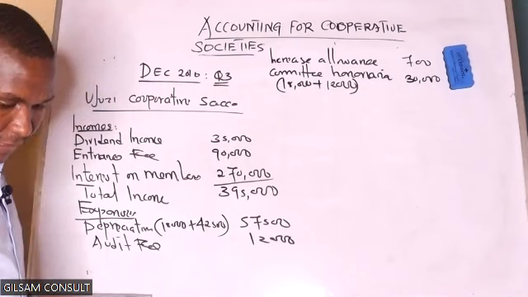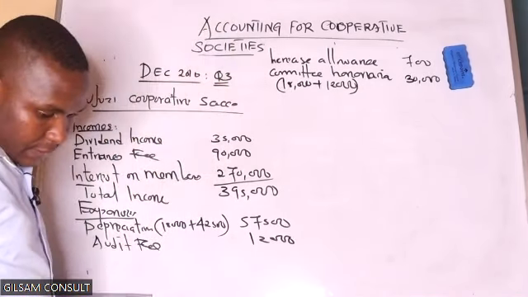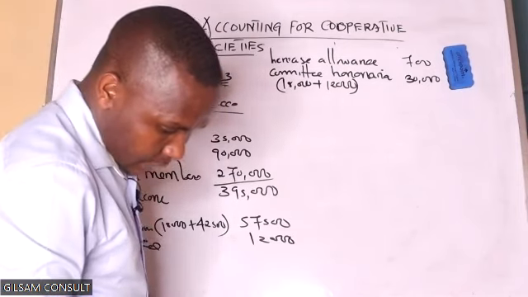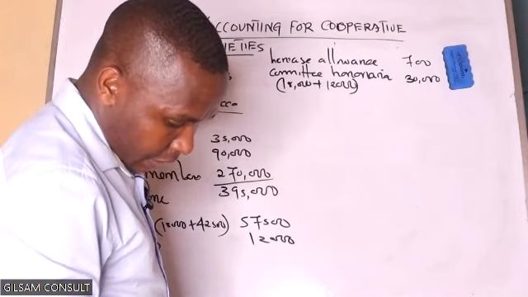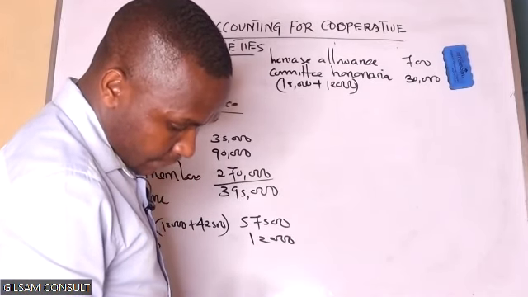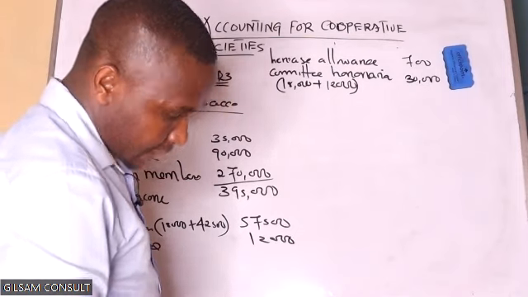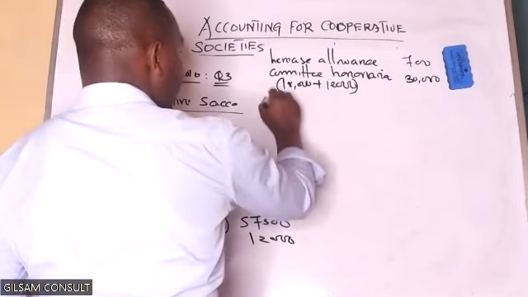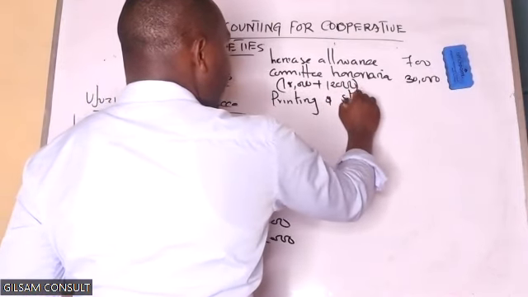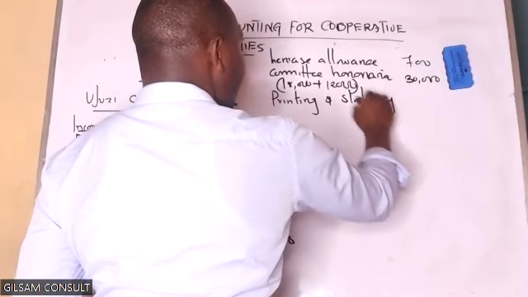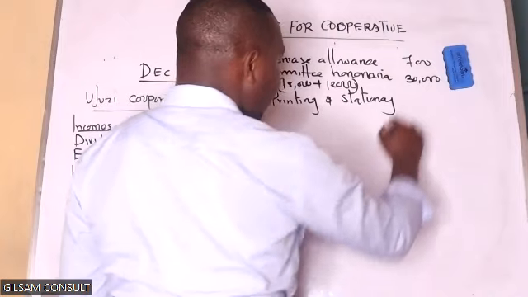Having finished the additional information, we can go back to the trial balance from the start. Ordinary share, that is not an expense. Deposit, accounts payable, furniture and fitting is an asset, motor vehicle is an asset, loan. Printing and stationery, printing is an expense. How much? 15,000.